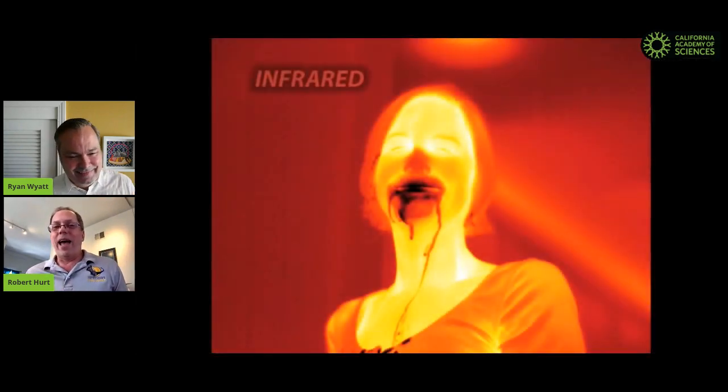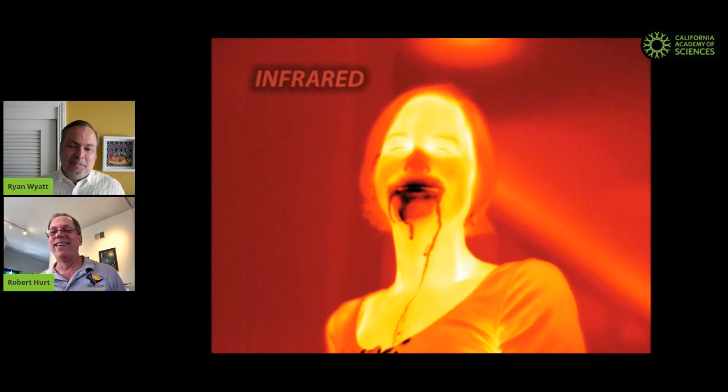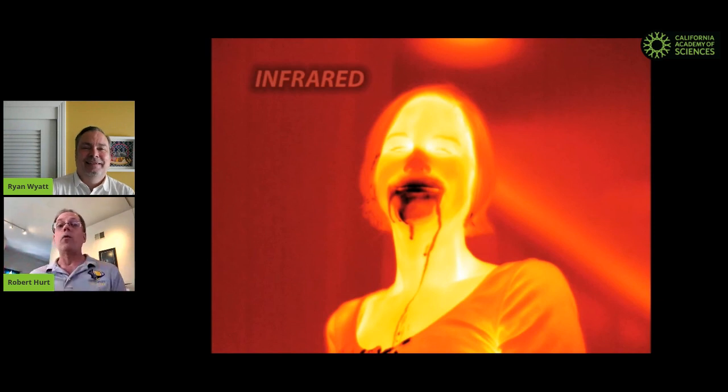Nothing creepy about that, right? Nothing creepy. Of course, the funny thing is, if she were drinking blood, it actually wouldn't look like that at all in the infrared, because blood is quite warm, and so you would see nice warm things dripping until it cooled off, and then it would start to look dark again. But yeah, the infrared light really lets you take some of the most normal day-to-day things, and it just transforms it into a completely different experience.